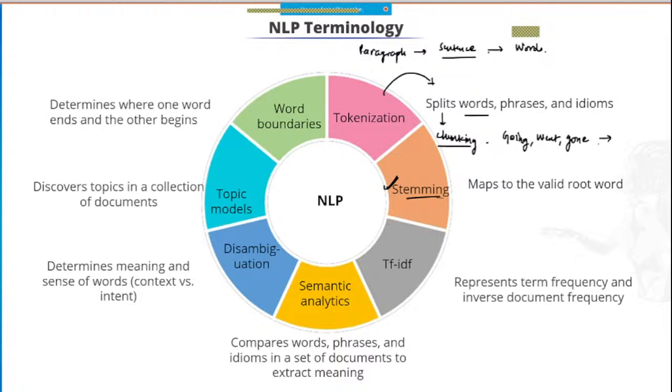What stemming will do is convert all three words into a root word. What will be the root word for this? The root word is go.